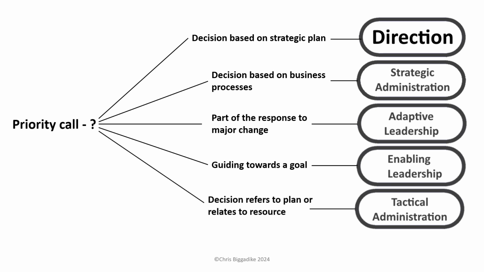And finally, if your priority call is based on resource management, planning, or other situational administration, then this is tactical administration. As you can see, the need to make priority calls is one of many universal leadership tasks.